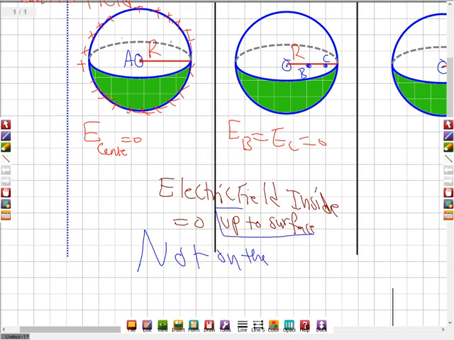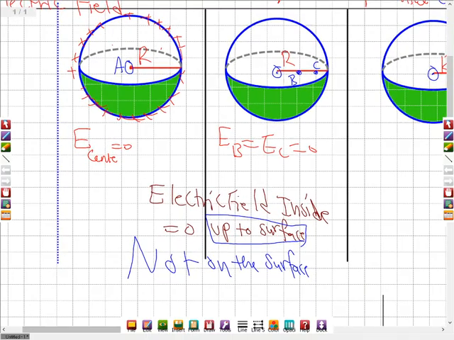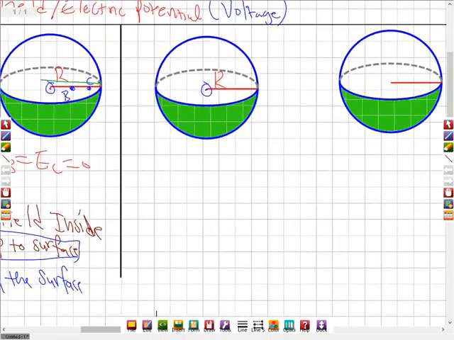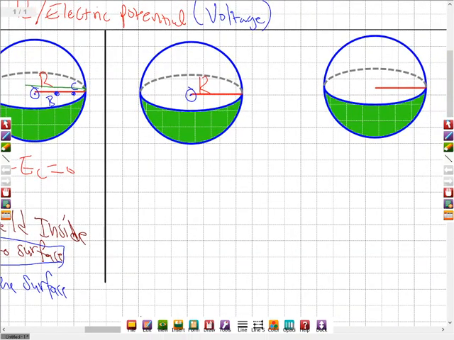From here to here, 0. From here to here, 0. Now let us move the board and see what happens to the electric field when it comes to a point on the surface.